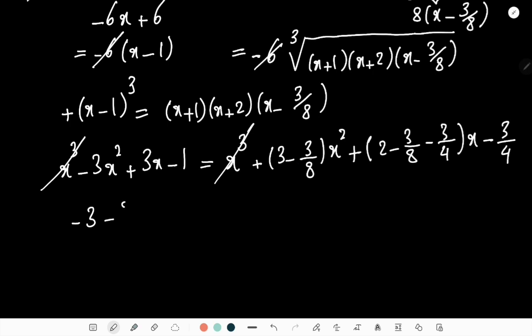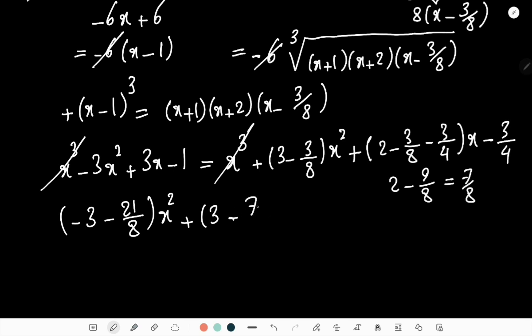So minus 21 over 8 x^2, and then here I have 2 minus 6 over 8, which is 9 over 8, and that is 7 over 8. So 3 minus 7 over 8 times x, and then 3 over 4 minus 1, which is minus 1 over 4. This is equal to 0.